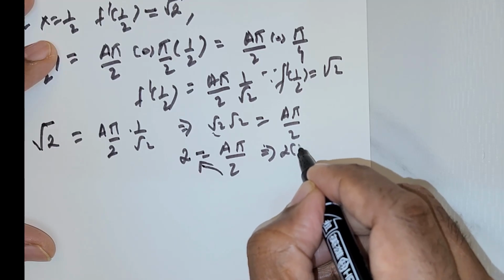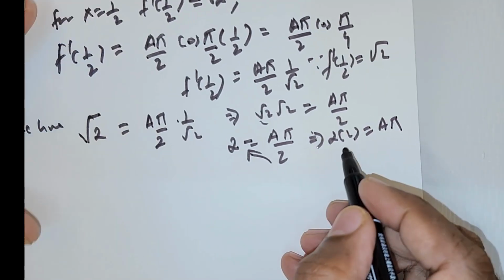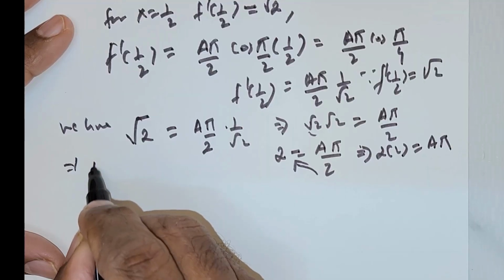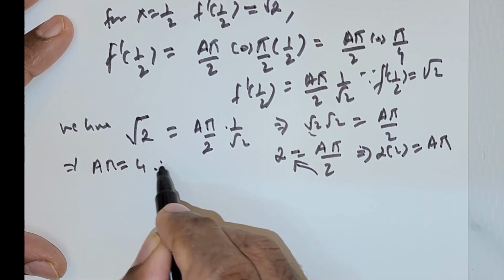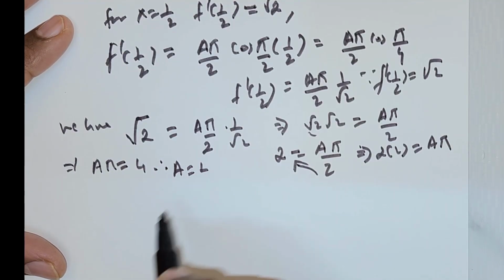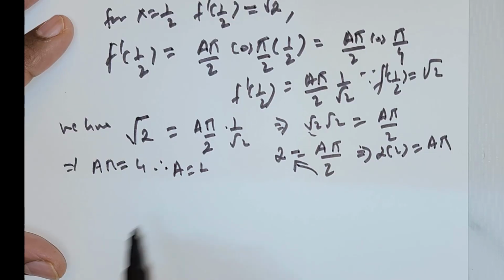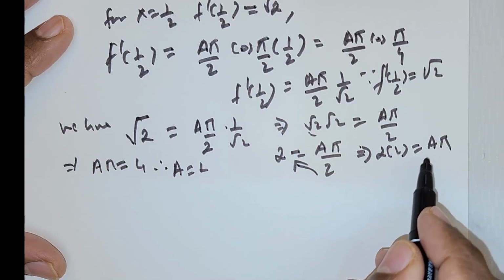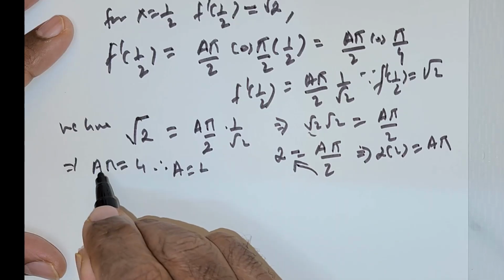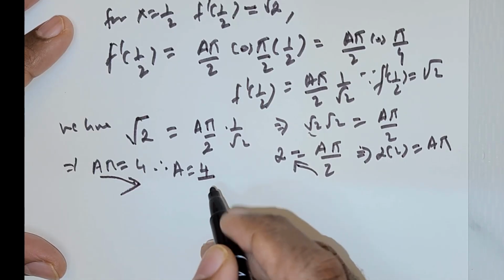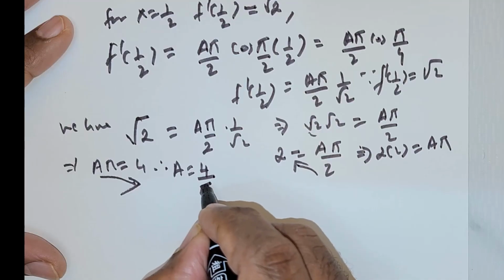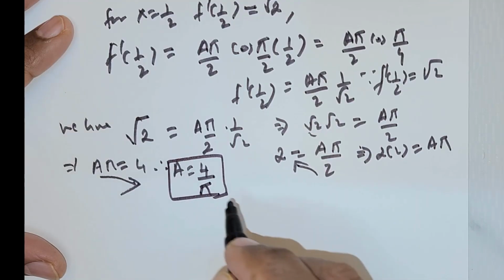This is going to give me 2 times 2 is equal to a times pi. So this in turn would mean a pi is equal to 4. Therefore, to get the value for a, you push this pi across, it's going to be 4 over pi. So this is the value of a.